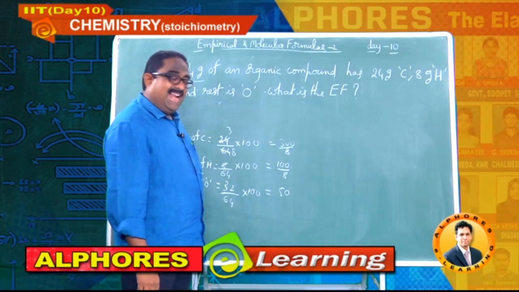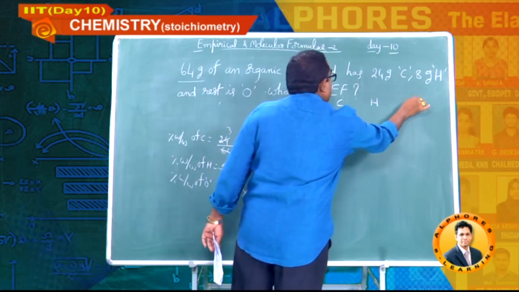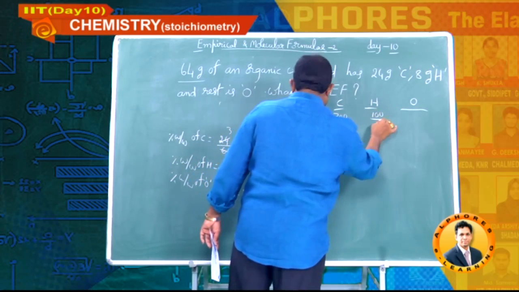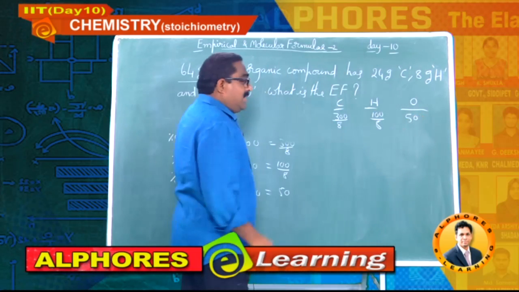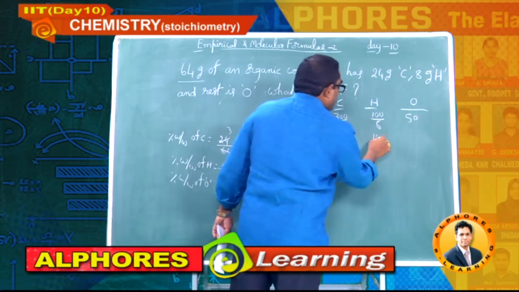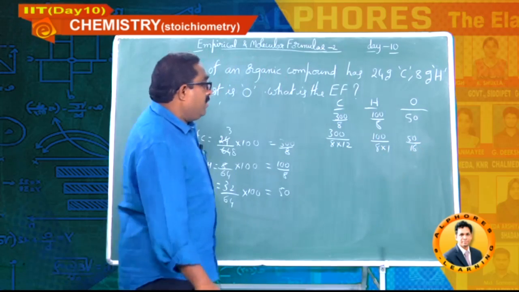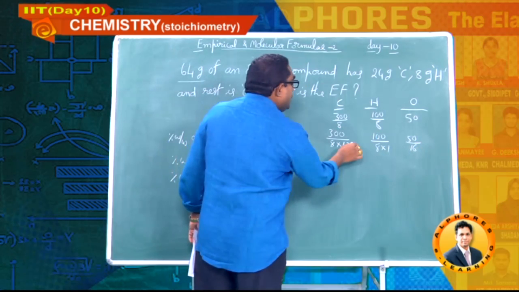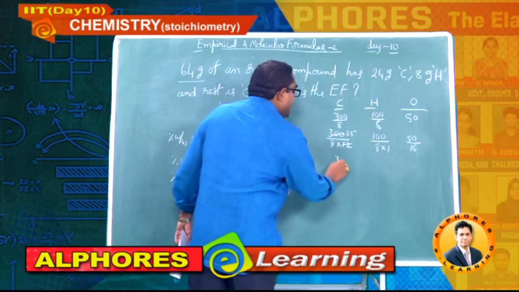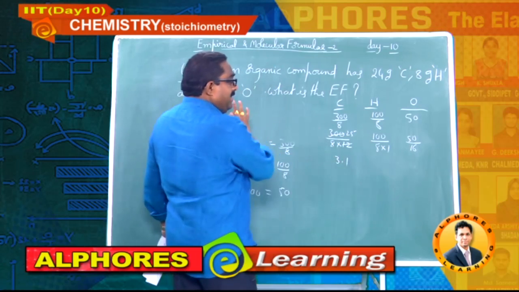Okay students, let me go for the normal calculation, right? Carbon, here I am simply writing oxygen weight. Here I got it as 300 by 8, this is 100 by 8, this is 50. Now divide with respect to atomic weights: 12, 100 by 8 into 1, 50 by 16. 12, 25 by 8, 3 8s are 24, approximately 1, leave it.